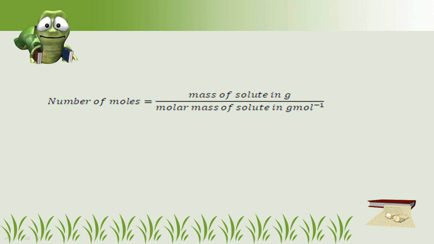So number of moles is equal to mass of solute in gram divided by molar mass of solute in gram per mole. By using these two quantities, one can obtain the number of moles of the given solute in the solution.